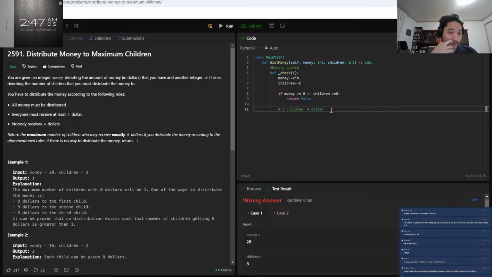For instance, if we had $8, we could distribute 5 and 3 and avoid the 4. So essentially it's just the case if there's one child left.